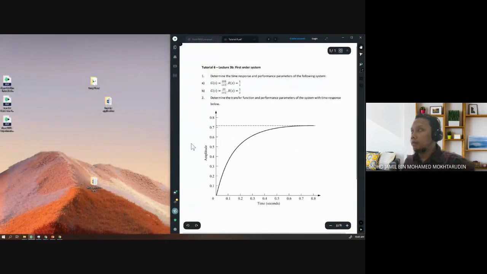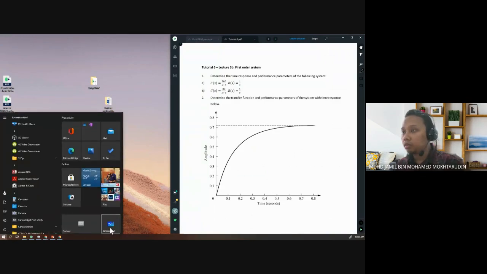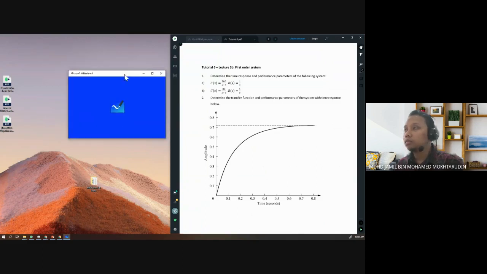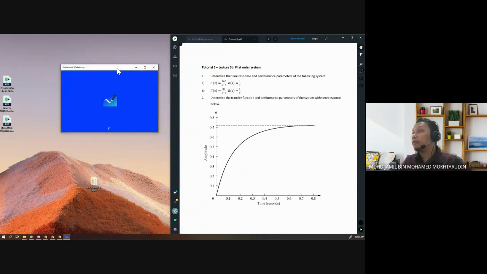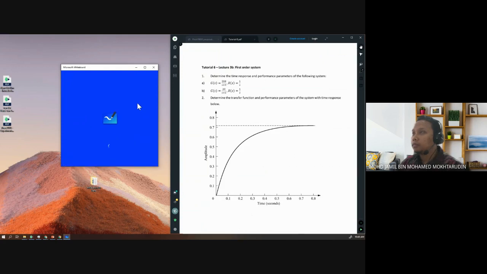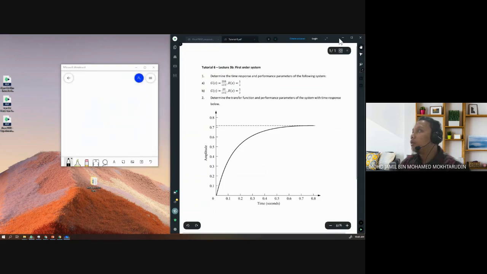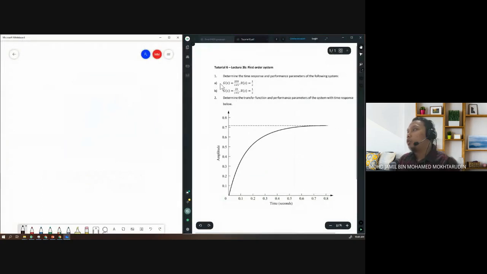Okay, so tutorial 6 about first order system. Question number 1, determine the time response and performance parameters of the following system.